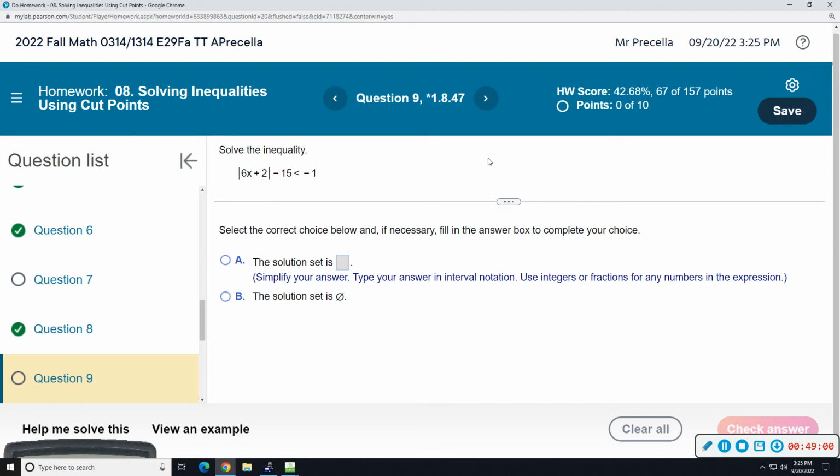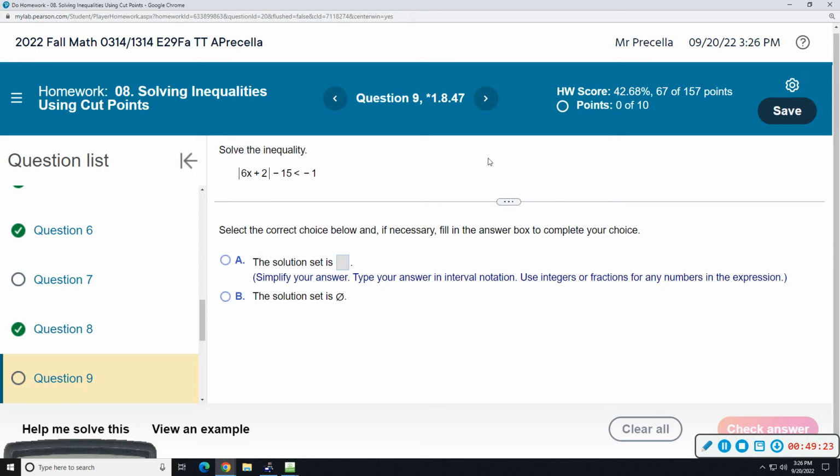When working with absolute values, there's one thing you have to always do first. Always, always, always isolate the absolute value bars. So before we do anything else, what am I going to do first here? I'm adding 15.